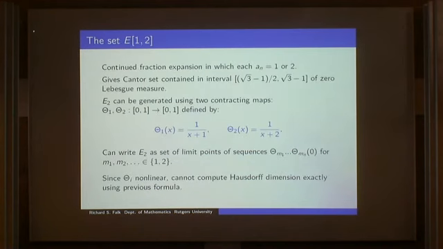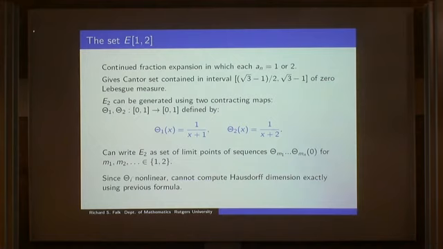Okay, so the simplest case is this E12. That means, what are all the numbers I could get if I only allow the a_n's to be 1 or 2? It turns out I get some Cantor set. It's in this interval. It has 0 Lebesgue measure. And then the idea is it can be related to these maps.